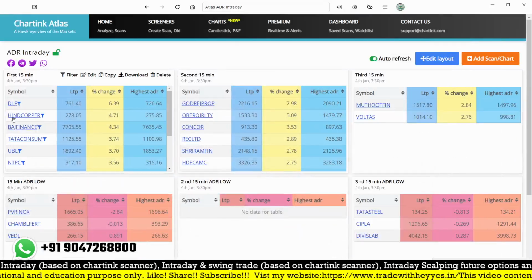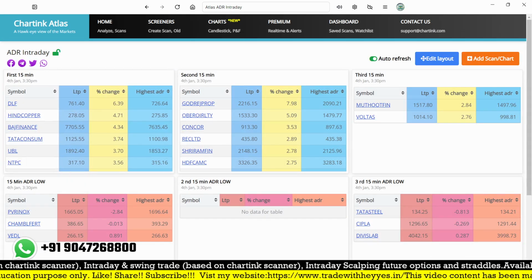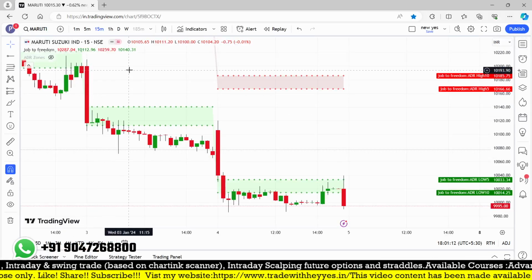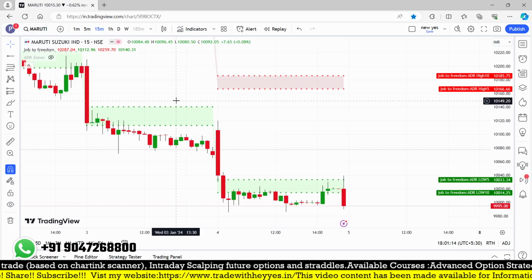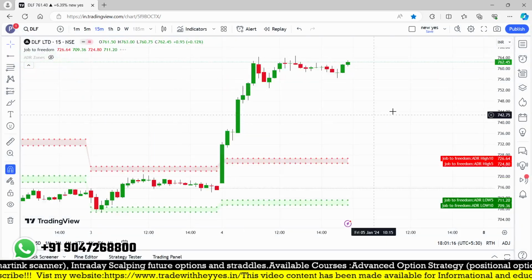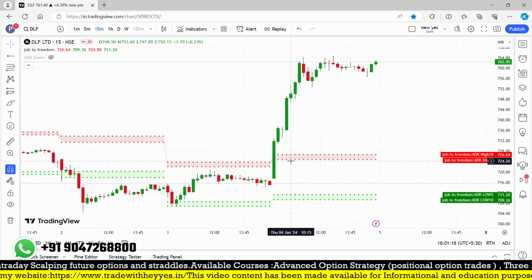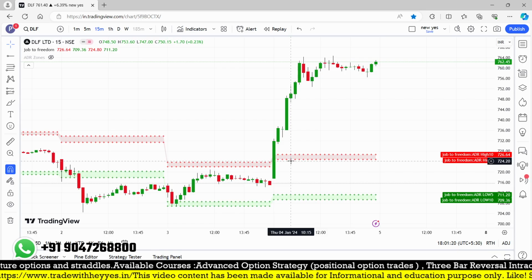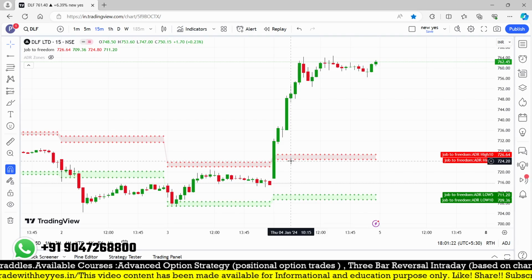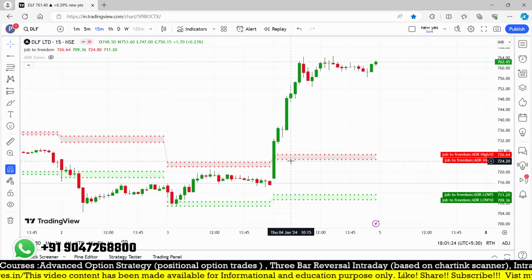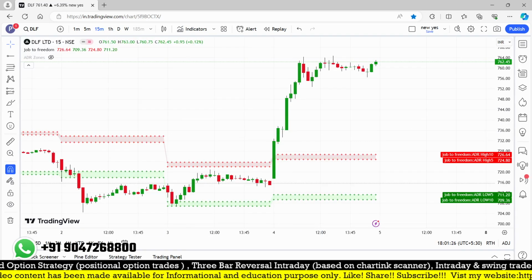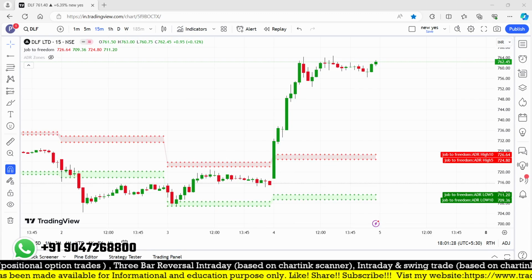So I'm going to give some of today's stocks like DLF, Indian Copper. We are using those ADR values in DLF. We find the ADR, the first candle which breaks and closes above the ADR value. So we find such a good move on those particular stocks. Maybe we can look for option trading using this.